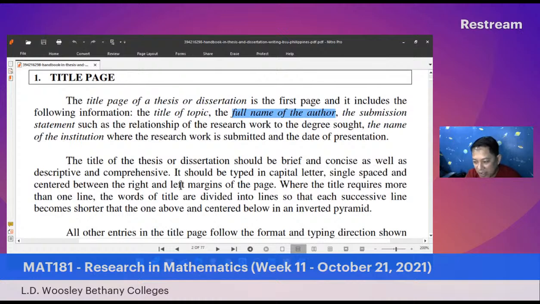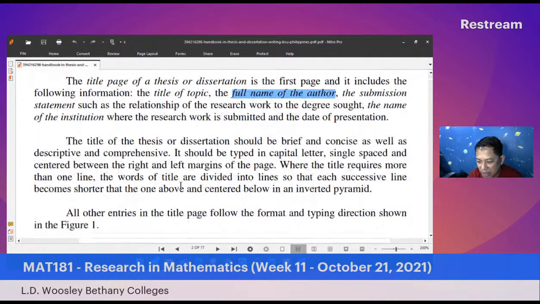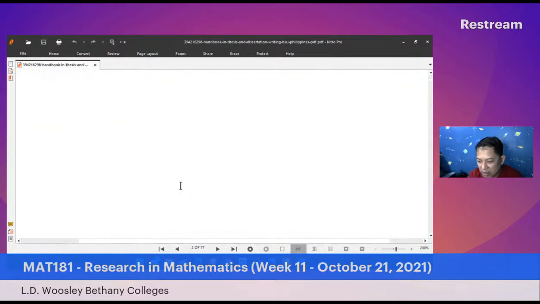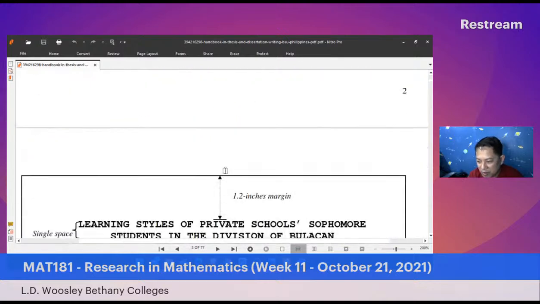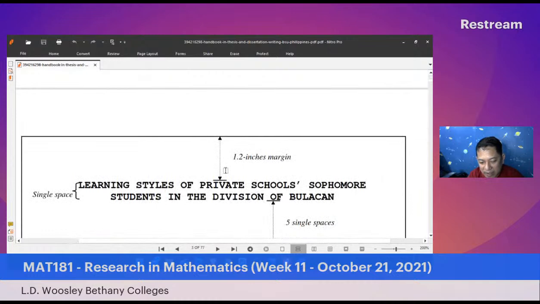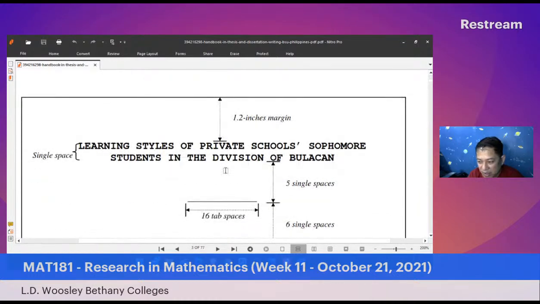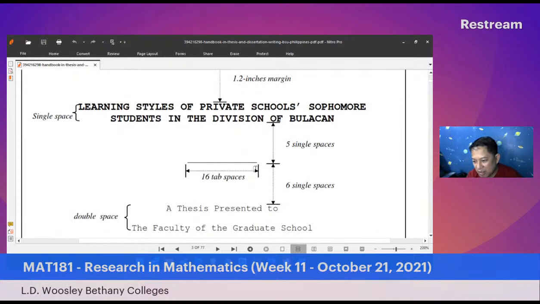There are capitalization, single space, etc., where the title requires more than one line. This is a figure, an example from Bulacan State University. You have here the title, Learning Style of Private School Sophomore Students in Division of Bulacan. There is spacing.